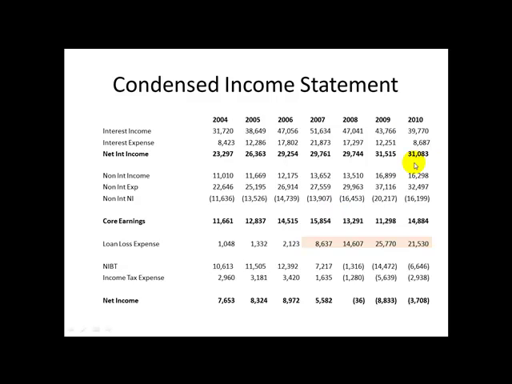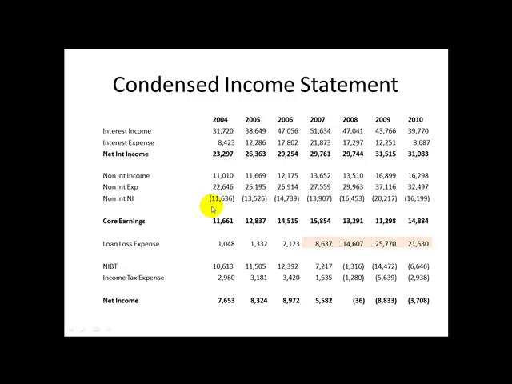The bank's job is to lend money, so it borrows money from depositors and other folks, and it lends it out to people who want to borrow money. So what we see over the last several years is a pretty constant net interest income of about $30 million, between $30 and $31 million.